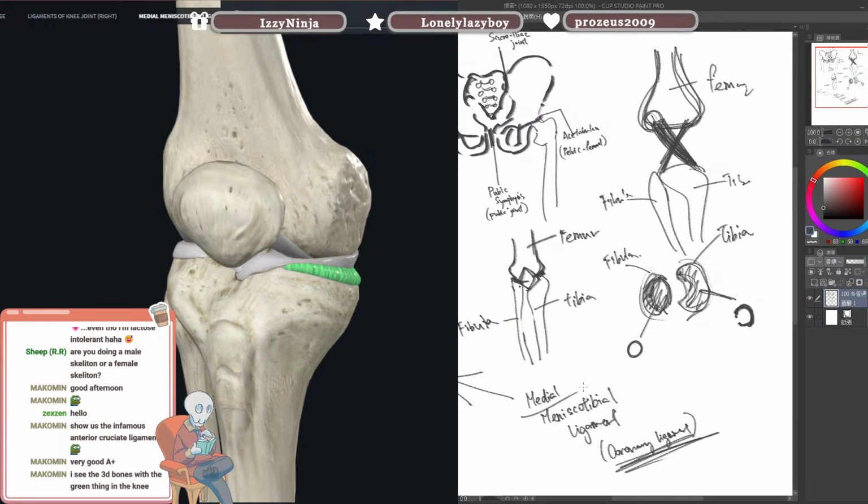First of all, medial means that it's closer to the midline of your body, so it's just the top of the tibia, closer to the midline of your body. And menisco is next to the menisci, this thing. Yeah, medial menisco and tibial ligament.